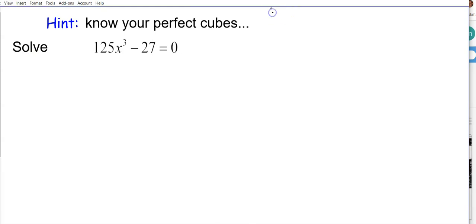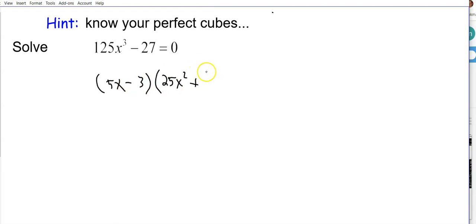I'm not going to write out the formula, but you need the difference of cubes. A is going to be 5x, b is 3. So the formula is a minus b, so it'd be 5x minus 3 times a squared. Be careful, that's going to be 5x times 5x, which is 25x squared. This is going to be plus, because it's always the opposite of that one, and that's what it is for difference of cubes.